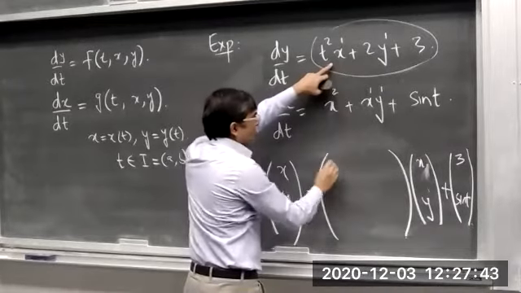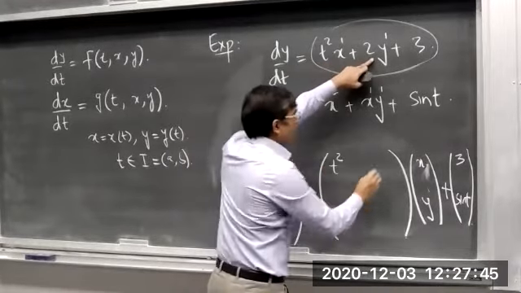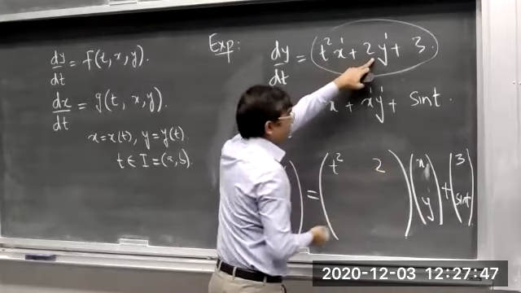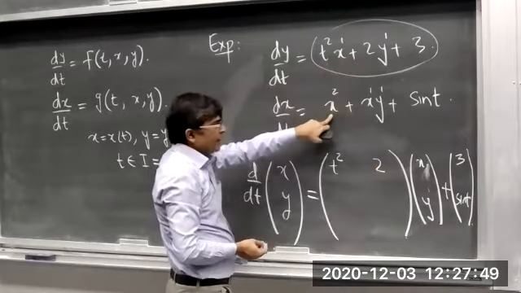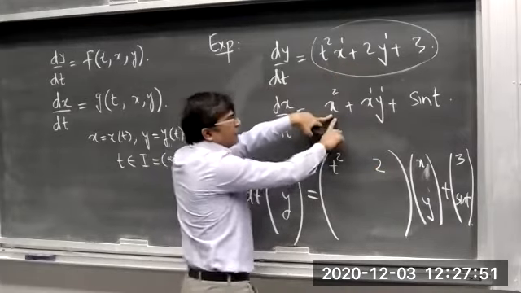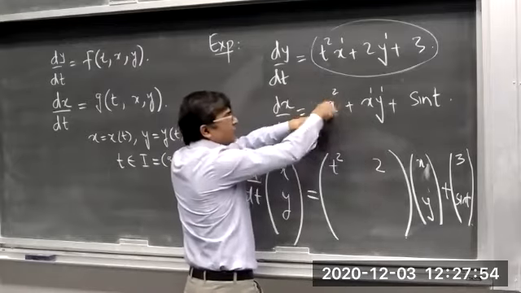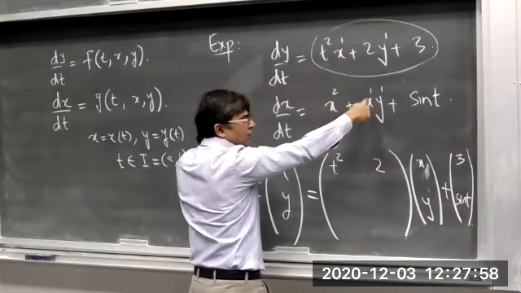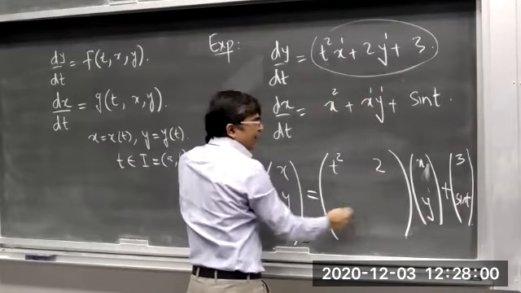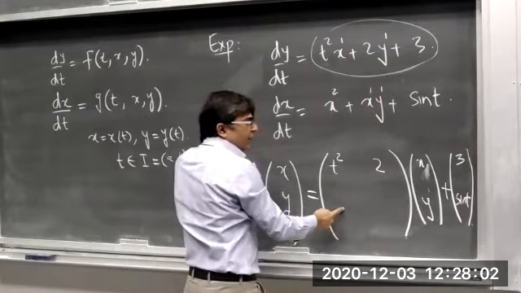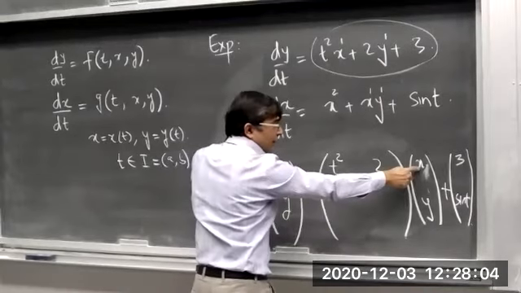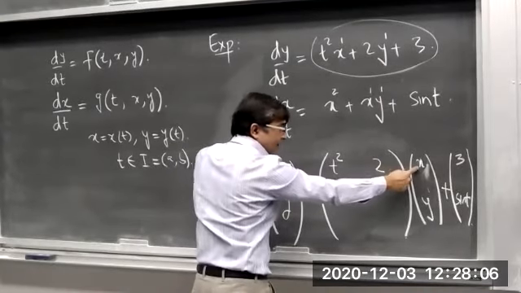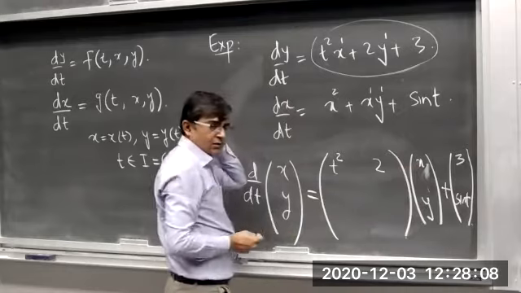Yes, the coefficient of x1 is t square, and the coefficient of y1 is 2. But here, x square, there is no plain x here, it is x square. Similarly here it is x into y, so we cannot have coefficients here. We cannot separate them, x here and y here.